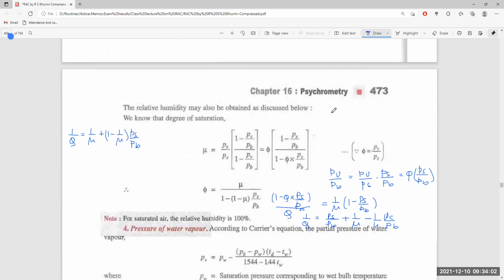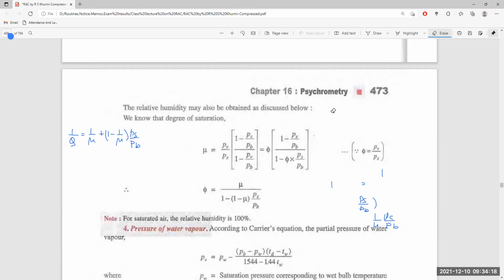This is the process. Or mu is equal to phi multiplied by 1 minus Ps by Pv divided by 1 minus Ps by Pv.